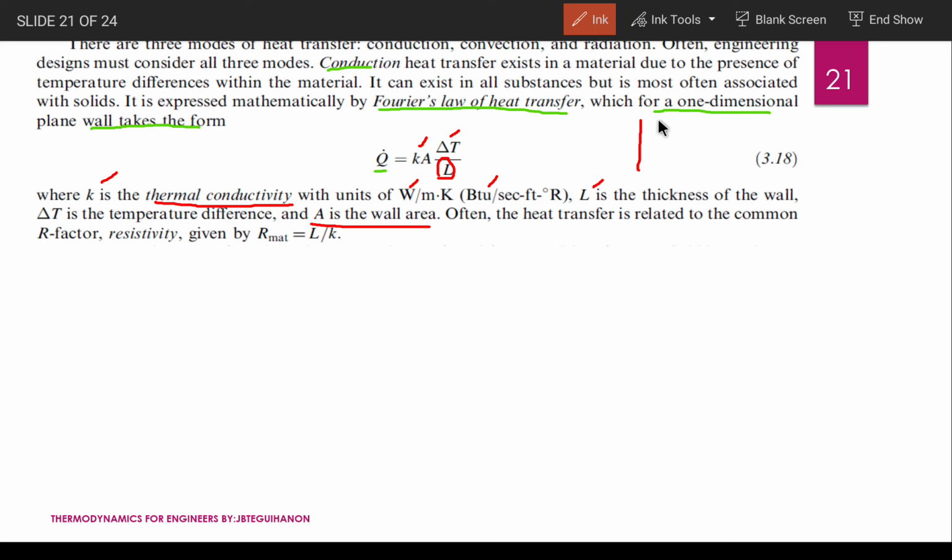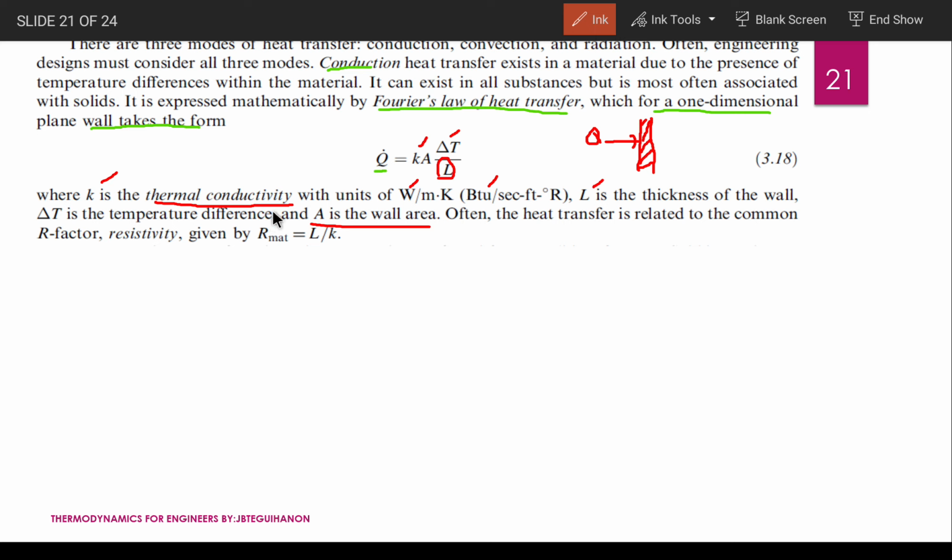Halimbawa, ito yung wall mo, straight yan. Mayroong Q dyan, papasok sa kabilang side.